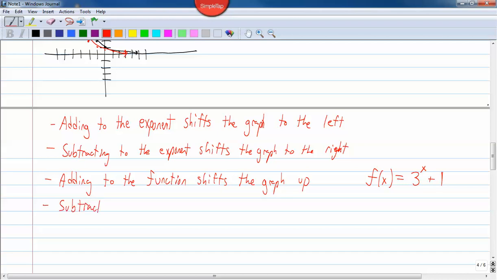Subtracting from the function then shifts the graph down that many units.